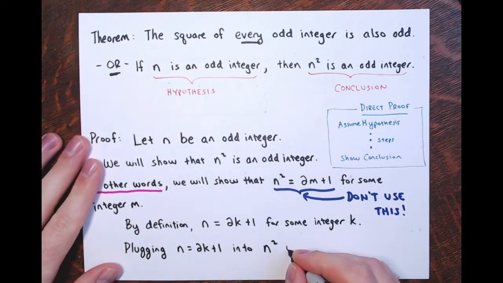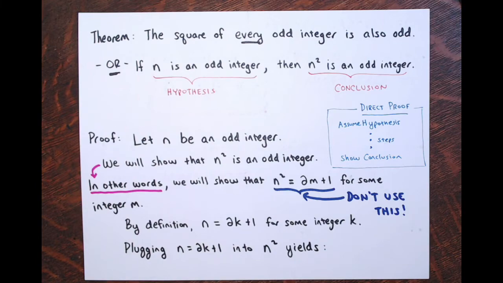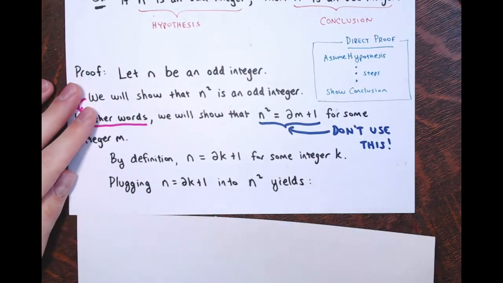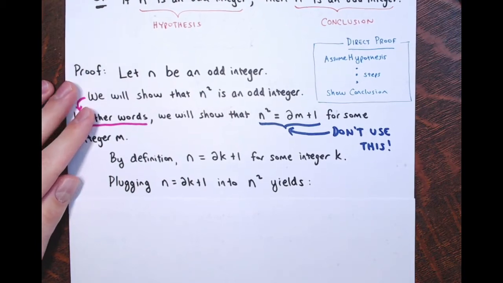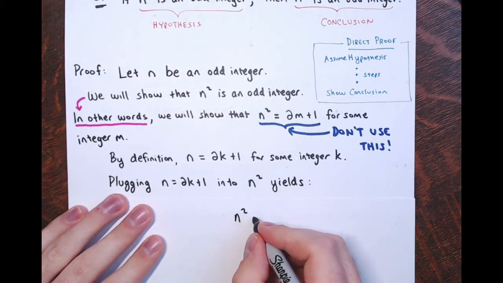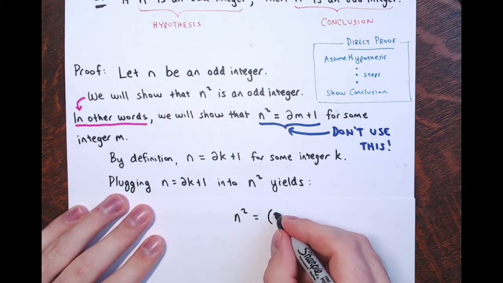This yields the following. And then comes some little algebraic statements. I put a colon, and then I'm going to have a block of equations. This yields n squared equals, and again I'm replacing n with the quantity 2k plus 1.